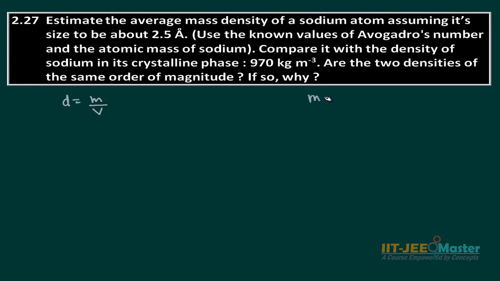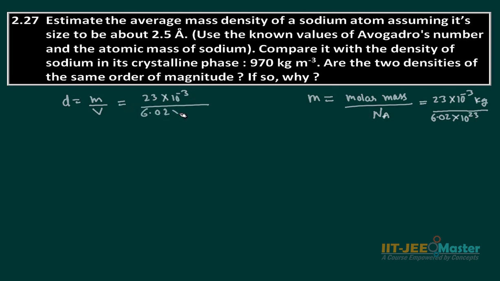The mass of a sodium atom is equal to molar mass divided by Avogadro number. Molar mass is 23 into 10 to the power minus 3 kg, that is 23 gram per mole, and Avogadro number is 6.02 into 10 to the power 23. So with the help of this data, 23 into 10 to the power minus 3 kg divided by 6.02 into 10 to the power 23, we find the mass, and we have to divide it by volume as well.